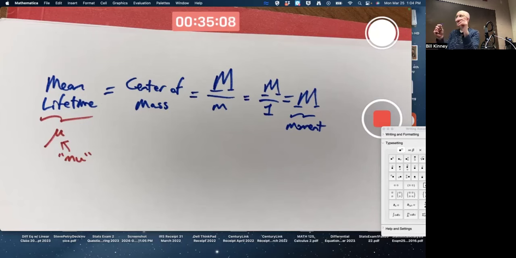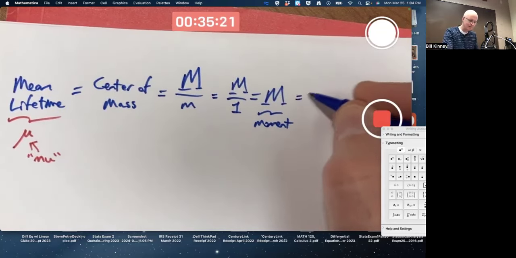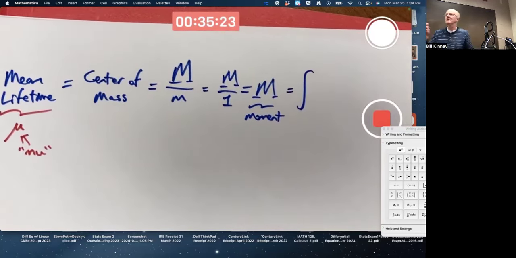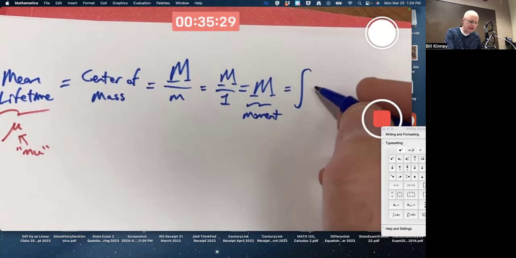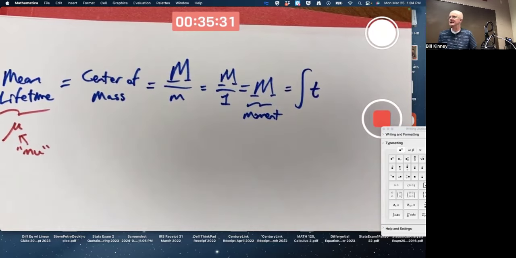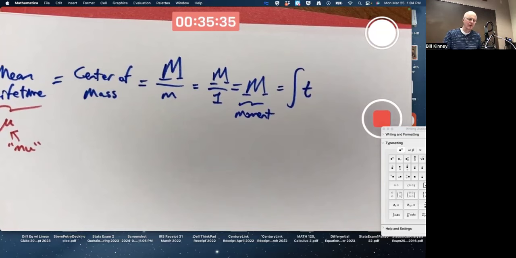The moment of a thin rod is the sum of some infinitesimal moments, where sum means integral. You have to integrate locations times masses. If I'm calling the variable t, the location is t. If I was calling the variable x, the location would be x. What are the tiny infinitesimal masses?